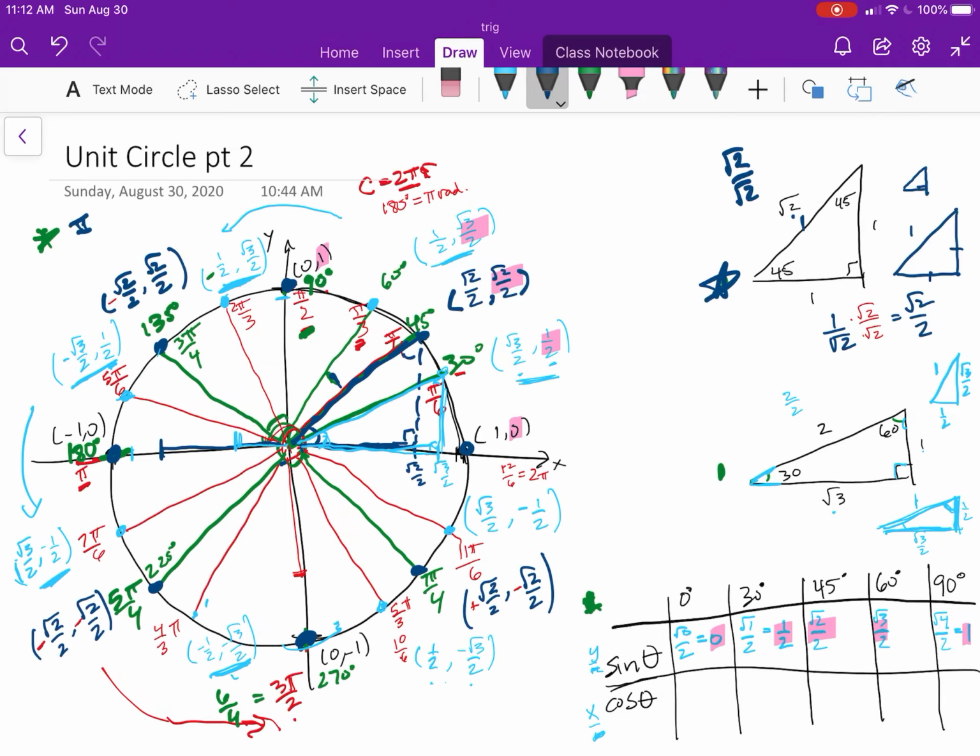Reverse it. If I have all these simplified values, I'm going to go backwards. So cosine starts at 1, ends at 0. And then it goes square root of 3 over 2, and then square root of 2 over 2, and then 1/2, and then 0.